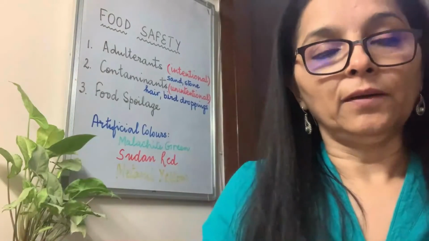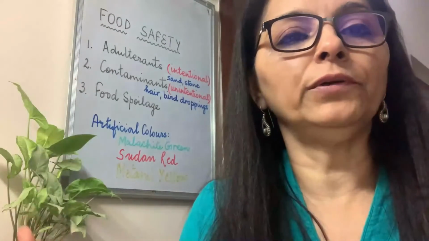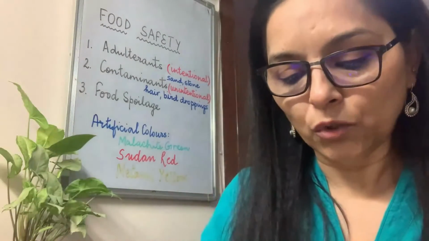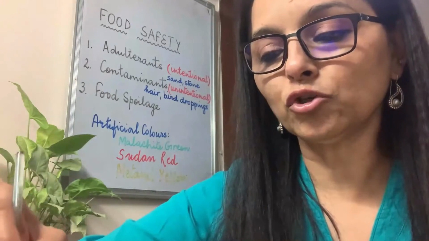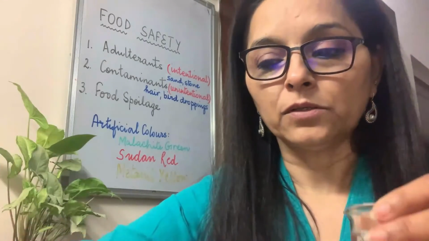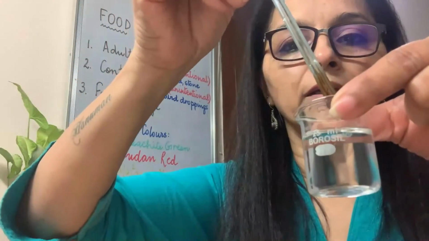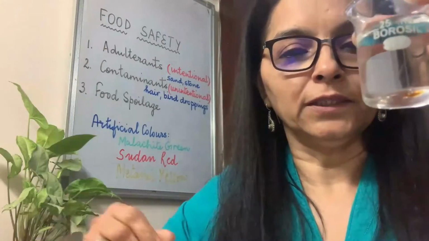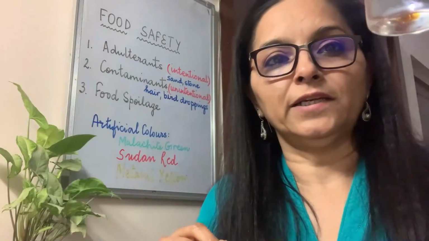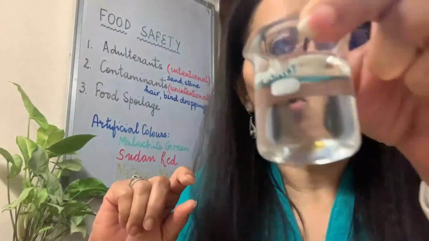Another important product that we use frequently at home is honey. And honey is often adulterated with sugar. So how do we find out about the presence of adulterants in honey? The most common adulterant is sugar. So if you add pure honey in water, you'll find that the drop stays in the center, and you can even see a small thread-like trail of honey, and it does not dissolve easily.